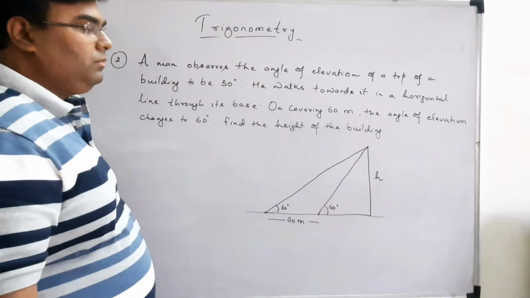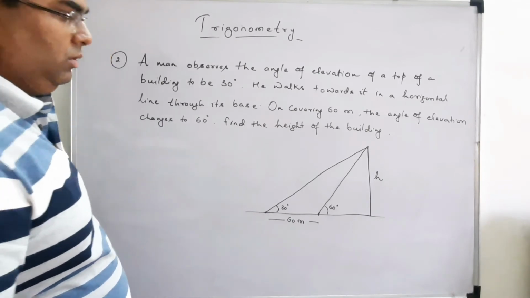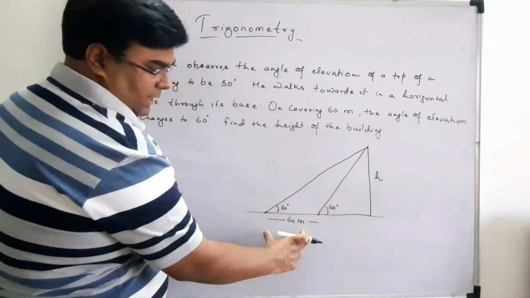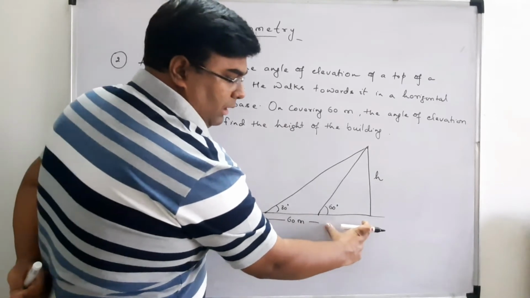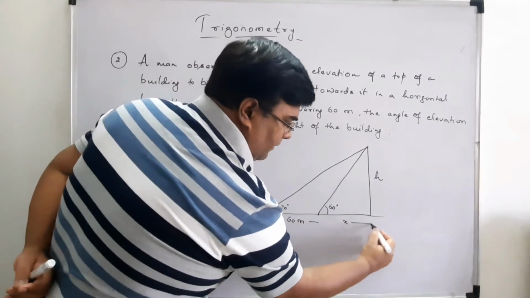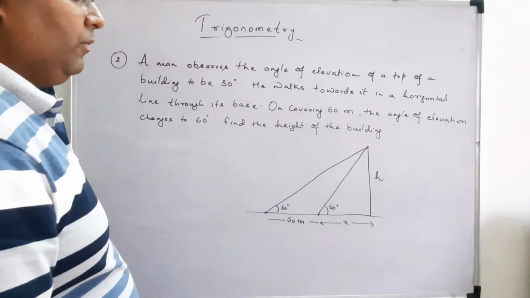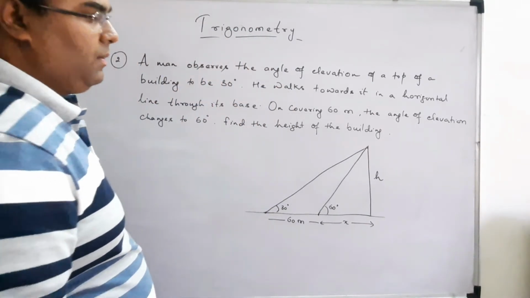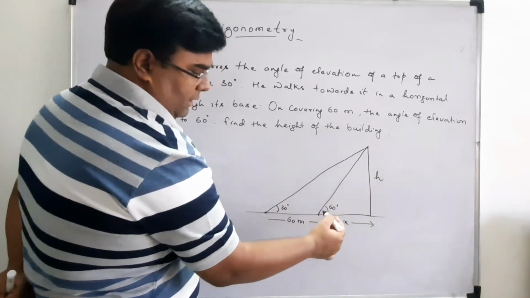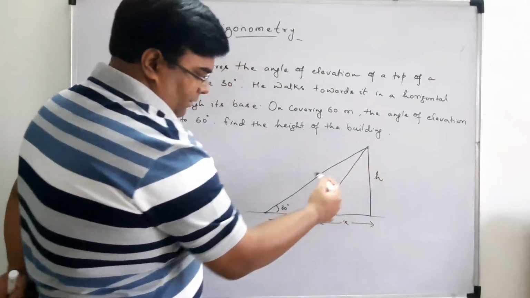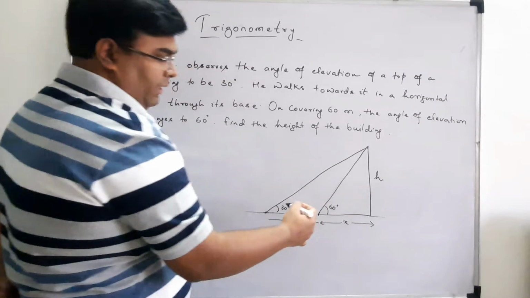Okay, now we know this distance 60, we don't know about this distance, let us take it x. Okay, so now we have two triangles. One is including the 60 degree and one right angle triangle in which 30 degree is there.